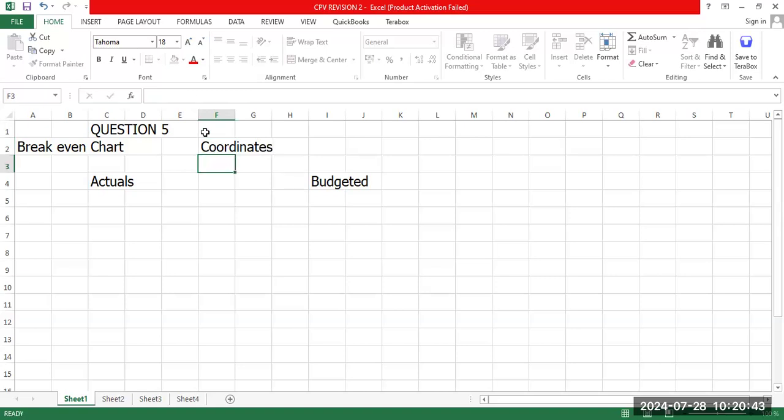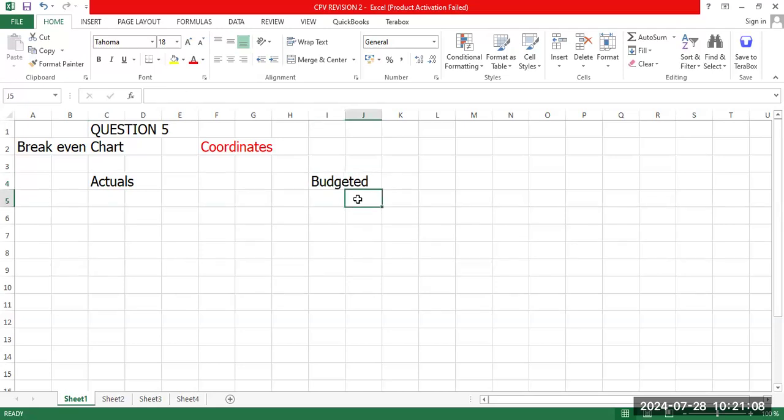You need the coordinates as you're going to come up with this chart, because you want to present this chart on your graph paper. So it means that you need the coordinates to plot. So for actual coordinates, which information are you interested in? Then also for budgeted, which information are you interested in?